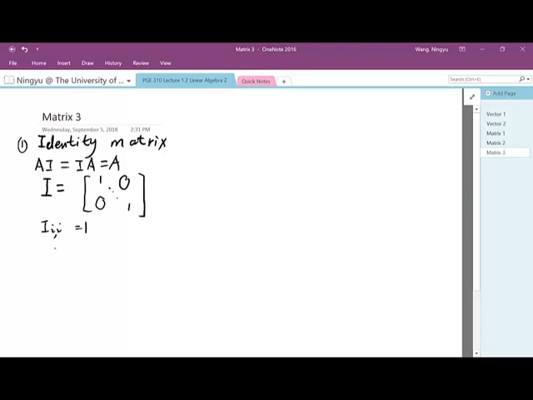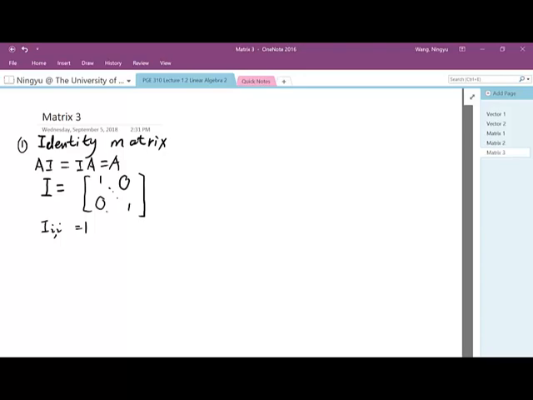So we have I11 equals 1, I22 equals 1, I33 equals 1, I44 equals 1. And anything like I12, I13, I54, where the row number and column number are not the same, the element is 0. This is called the identity matrix.